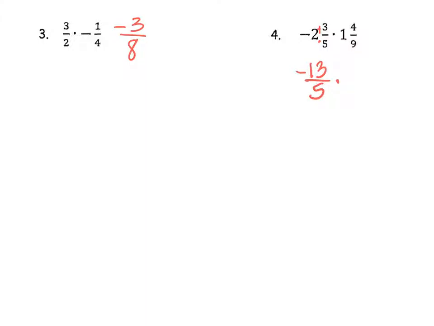Times 1 times 9 plus 4. 13 over 9. A negative 13 times a positive 13 on top. I doubt you know your 13s by heart. Negative 169. And then on the bottom, 5 times 9. 45. Good.